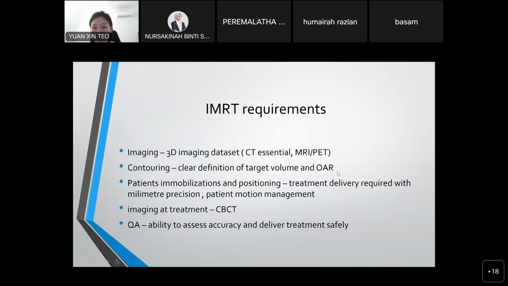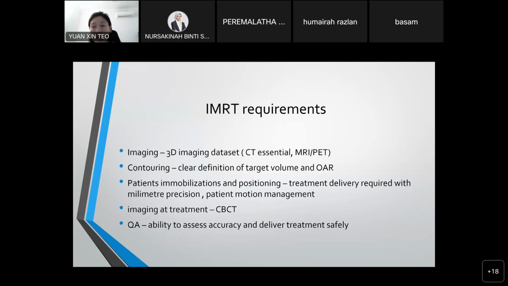Okay, so you see, treatment delivery requires millimeter precision. It means what I said just now, the tolerance is 3 mm, and then the patient motion management. This motion management means we limit the patient motion. If you are lying still on the couch, you may have a mild motion that we can't see. So by using these immobilization tools, we can limit their motions.